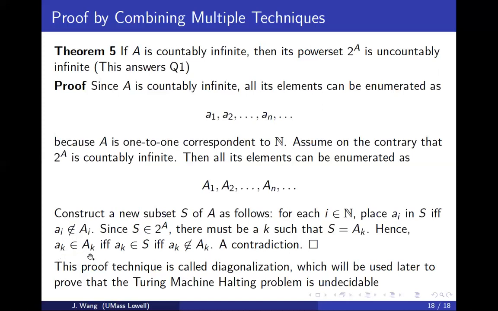You look at these two, and that's a contradiction. So the contradiction means that the assumption that 2 to the A is countably infinite is wrong. That assumption is wrong, and hence it proves that 2 to the A is uncountably infinite.